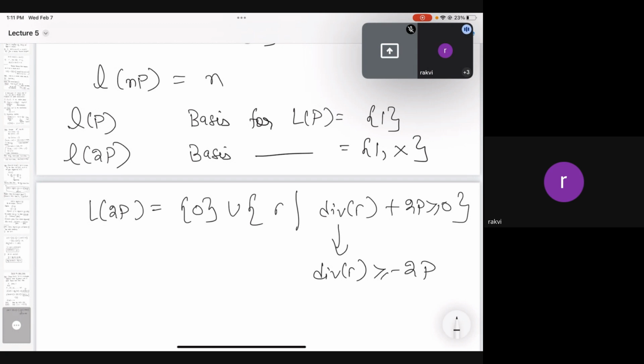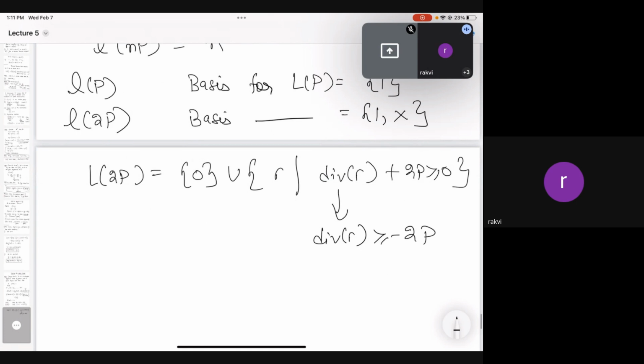It tells me that I should have exactly one pole at P of order 2, and then everything else should be a 0, essentially, right? Just like when I say a divisor is bigger than or equal to another divisor, I basically mean that we look at the coefficients and the coefficients must be bigger than or equal to the corresponding coefficients.